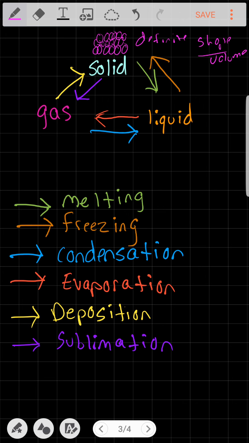Now, shape means it has one shape and it can't change. So it's like a square. Try to take a cube and place it into a graduated cylinder that's too big. Well, it can't fit in there because it can't change its form, and so it's stuck that way.